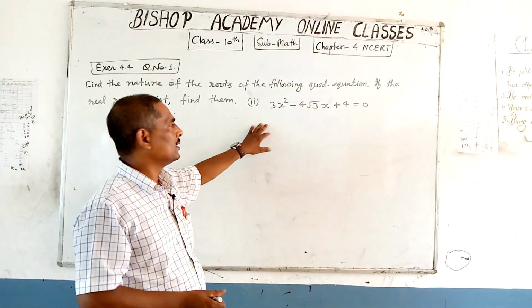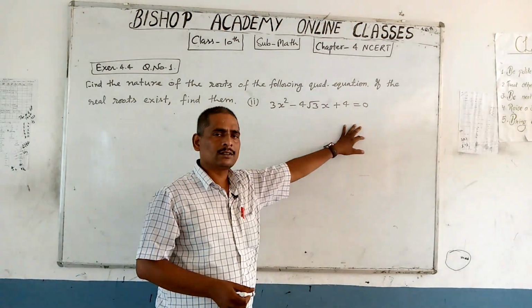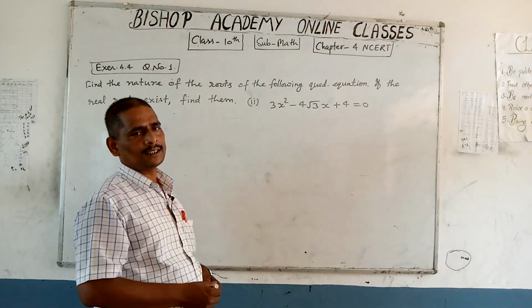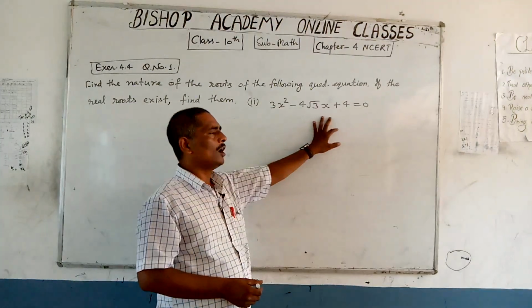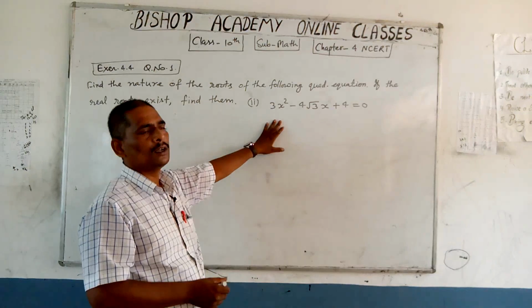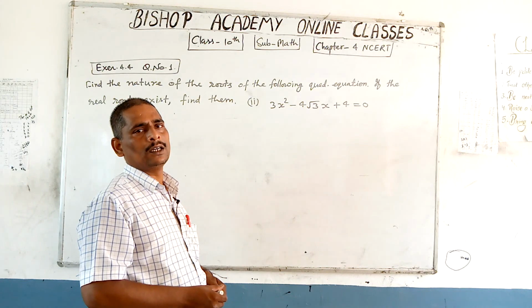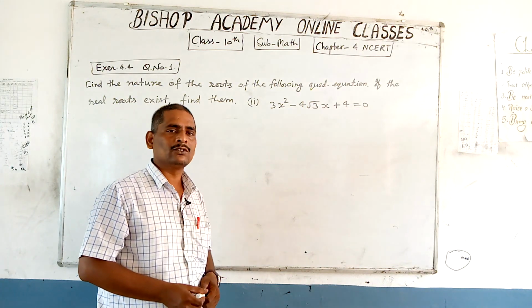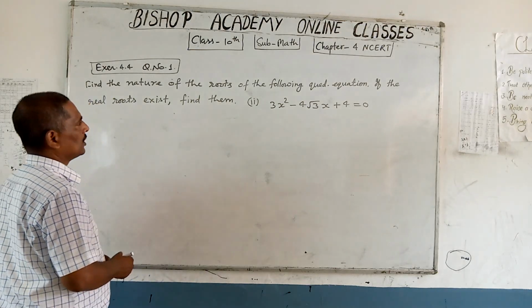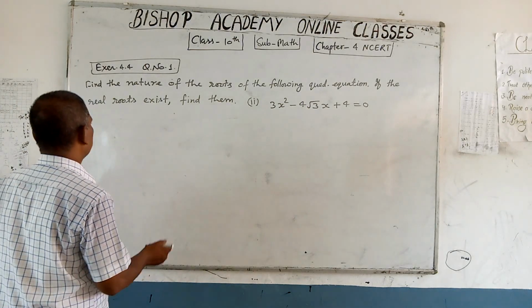You have to decide the nature of this quadratic equation's roots. After deciding the nature of the roots, you will solve this equation further and find the roots if they exist. So let us find out the nature of the roots of the given equation.